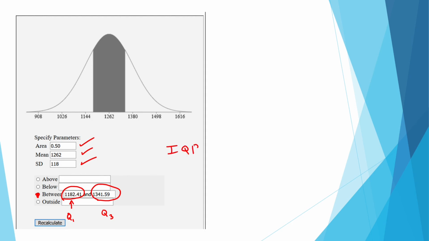Remember, IQR equals Q3 minus Q1. So we'll subtract these two numbers to get our IQR. And this gives us an IQR of 159.18. The middle 50% is a range of 159.18 chocolate chips.